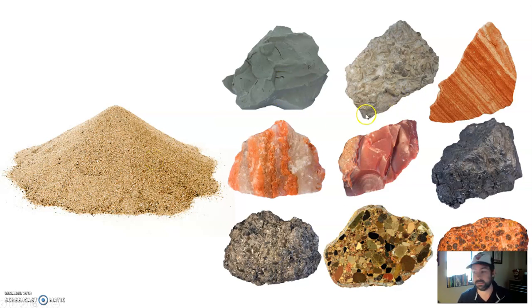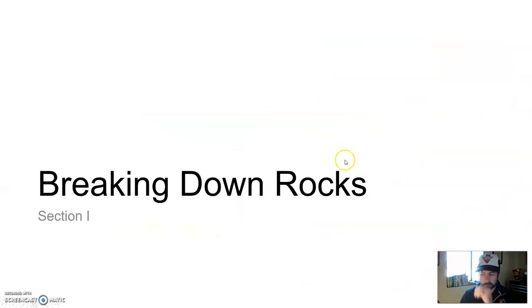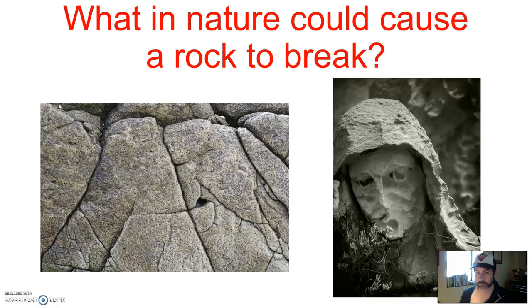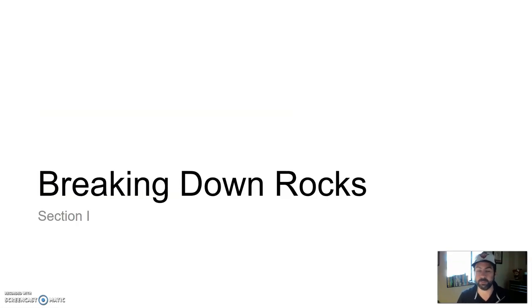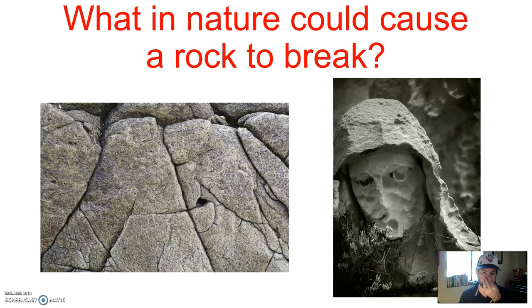So in order to get the process going and create sediment, we first need to break down existing rocks. Whatever rocks are around, typically at the surface, whether igneous, metamorphic, or other sedimentary rocks, we have to break those down into little pieces.